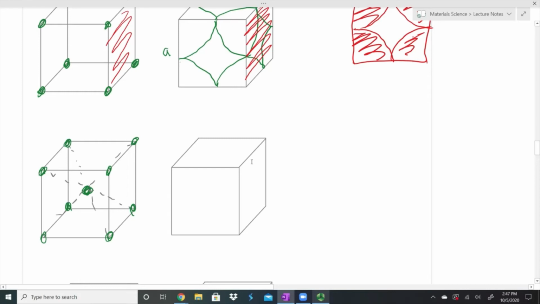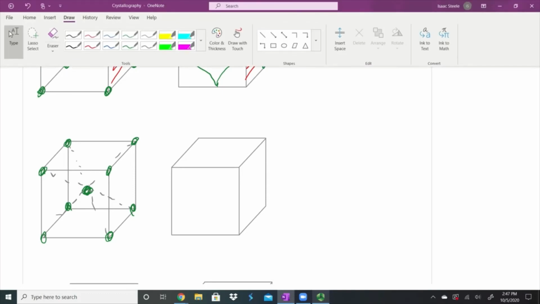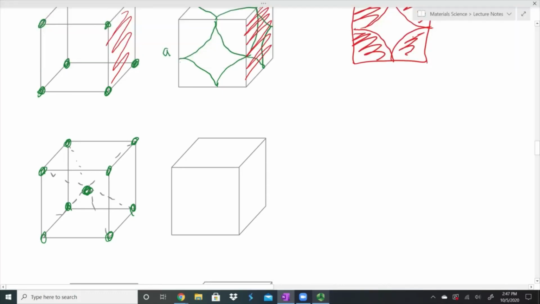I'm going to draw a hard sphere version of this, which is difficult because you can't really draw the inside very well. But one thing I can tell you: if you try to put a simple cubic cell together and then you try to wedge an atom in the middle of it, it's going to stretch out that simple cubic structure.